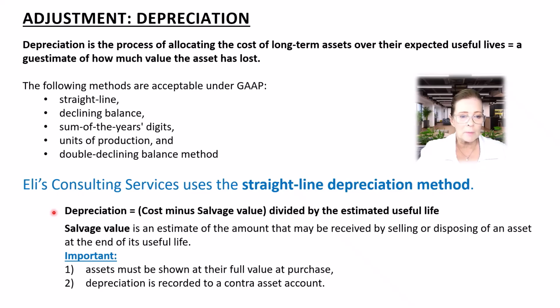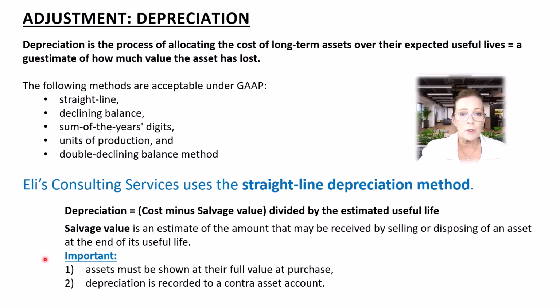So now let's talk about the estimated useful life. There are different ways of calculating the useful life, but there are also guidelines that are issued by the IRS. Many companies use a standard of 5 years for furniture and fixtures, 10 to 20 years for manufacturing equipment, and perhaps 3 to 5 years for computer equipment.